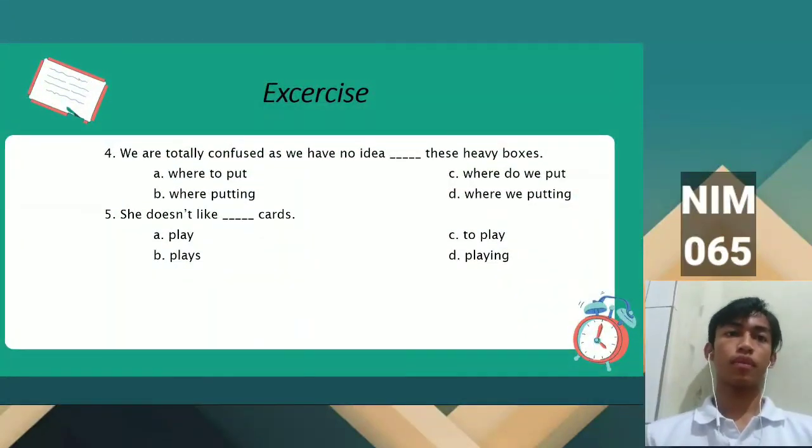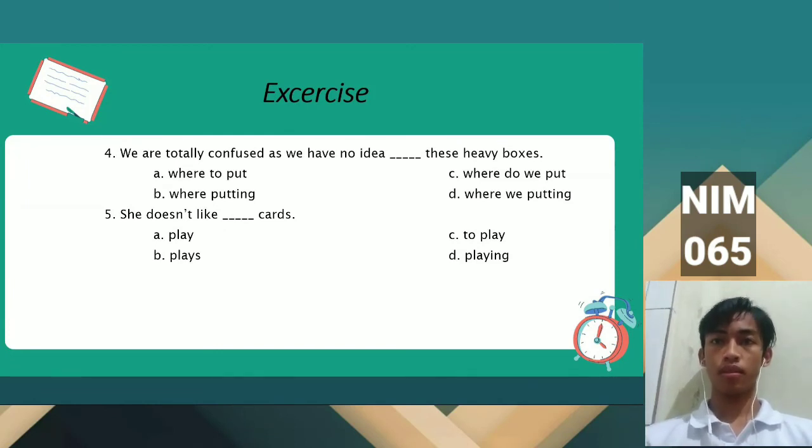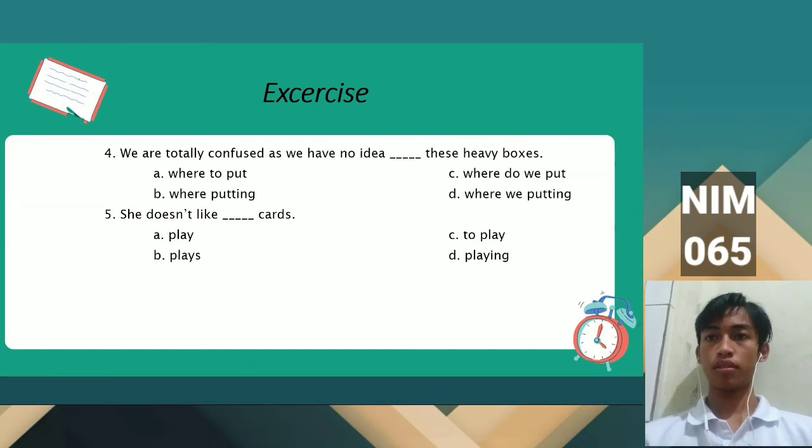Exercise number 4. We are totally confused as we have no idea blank this heavy box. This question is a 5W1H question. We can know just by looking at the options.